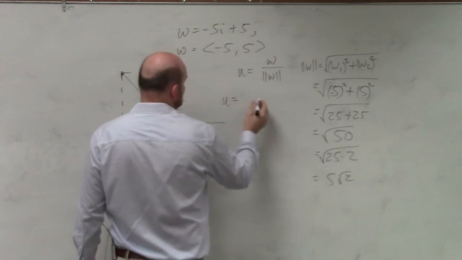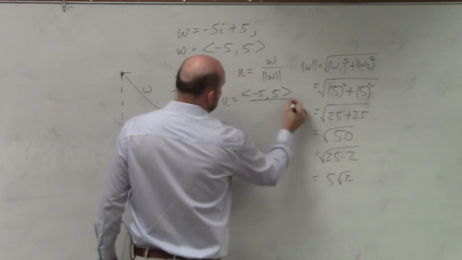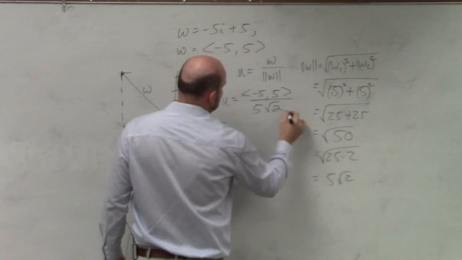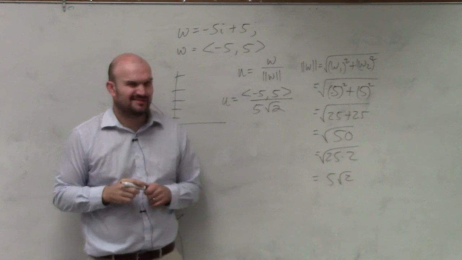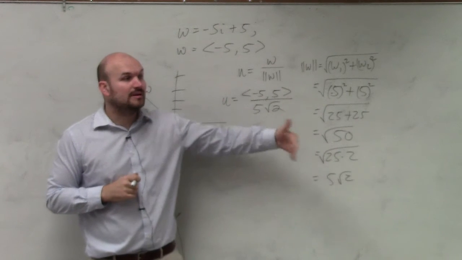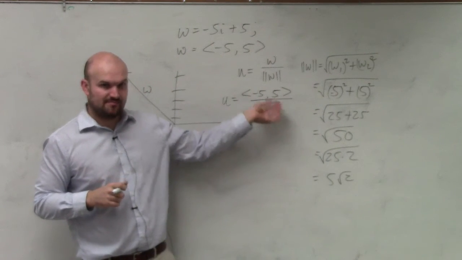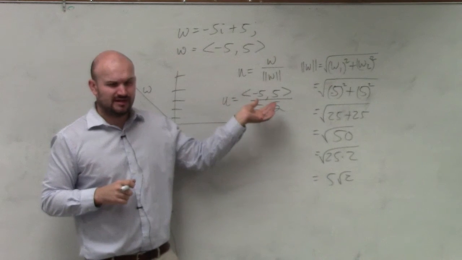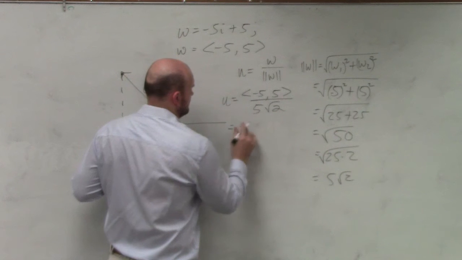So u equals our vector, negative 5, 5, divided by 5 square root of 2. This doesn't really look that fun. Remember, last class period I showed you how you could rewrite that as a product, as a fraction, or just distribute all the way in.